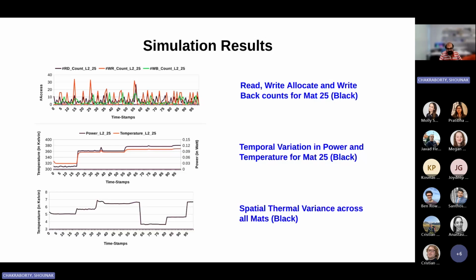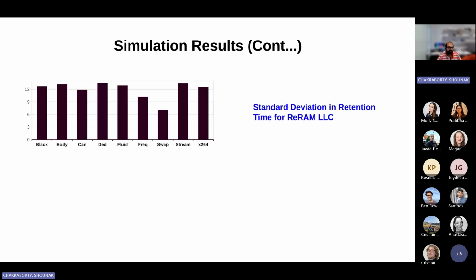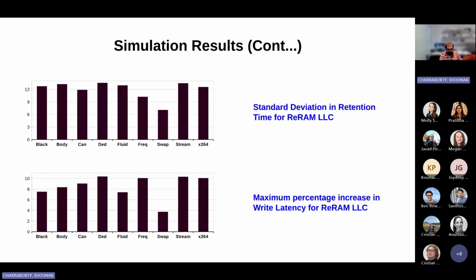And in the final one, we have the spatial thermal variance, that is the difference between the highest and lowest temperature in the cache. You can see that this spatial thermal variance varies between 3.5 and 7 degrees Celsius, which is quite high. Based upon that, we have considered the standard deviation in retention time for the ReRAM-based LLC. And you can also see the maximum percentage increase in write latency for the ReRAM LLC as well.